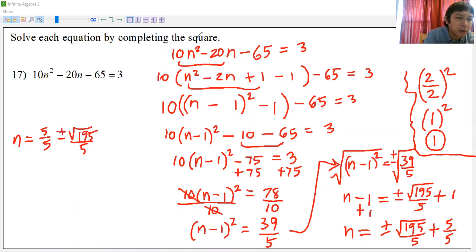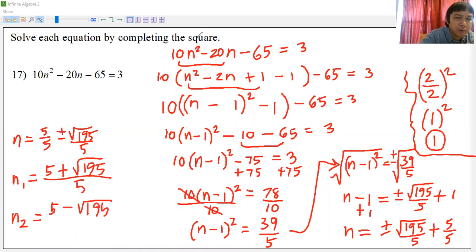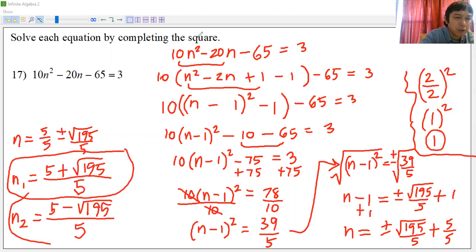And so we can write our n1. n1 is 5 plus square root of 195 over 5. That's our first answer. n2, we shall write this 5 minus square root of 195 over 5. These are our answers, the first and the second.